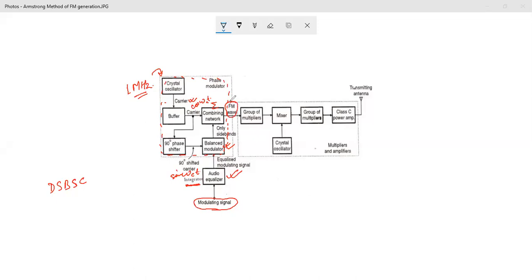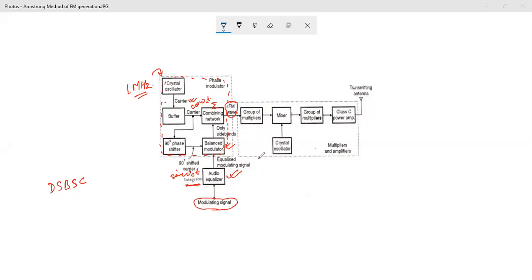Now, this FM wave is passed through a group of multipliers. As we have seen in the earlier part, the multipliers will multiply the signal to the nth level, and after that they will be mixed with a crystal oscillator.